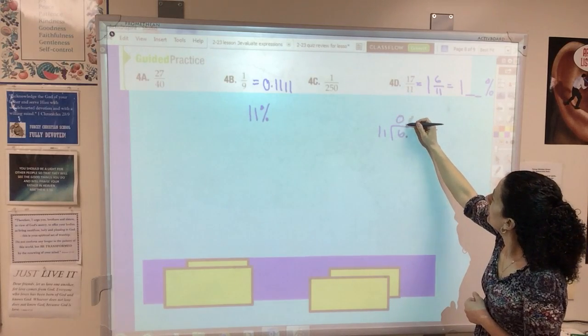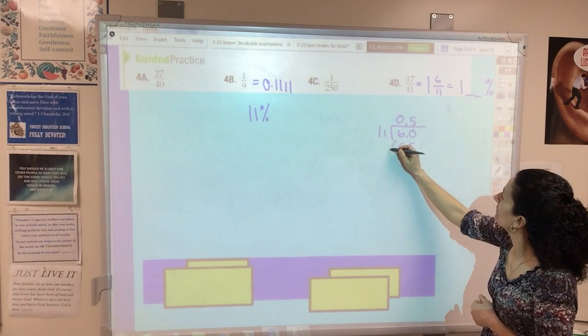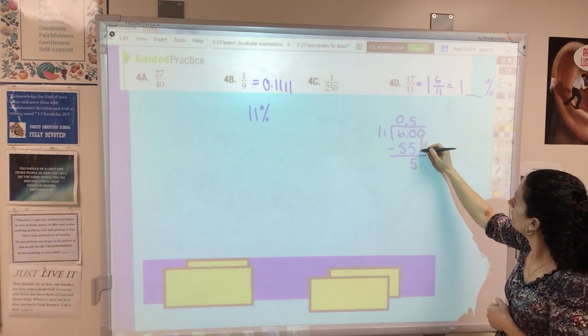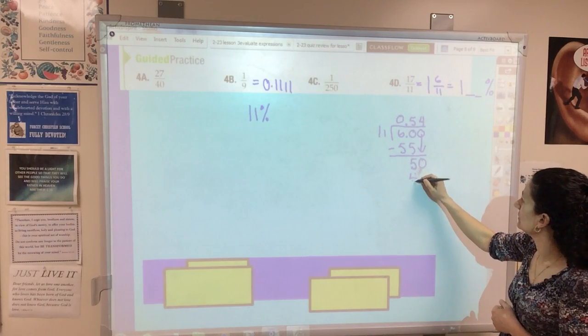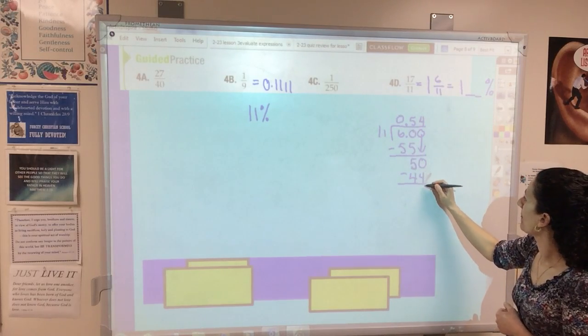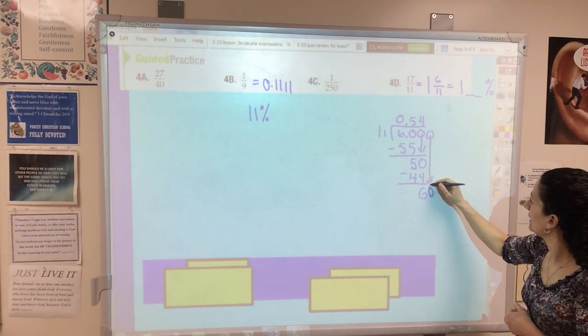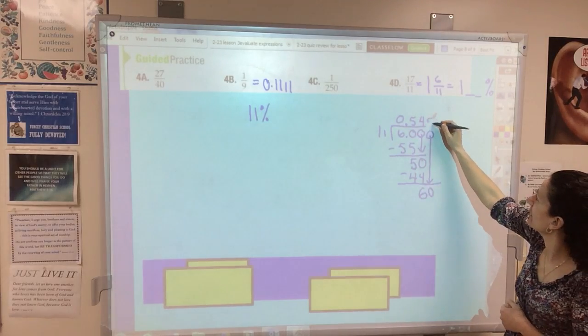So 11 into 65 is 5 times. 5 times 11 is 55, remainder 5. Bring down a 0. 11 goes into 50 4 times, because 4 times 11 is 44. And that'll give me a remainder of 6. And here I see the repetition beginning. 11 goes into 60 5 times again.